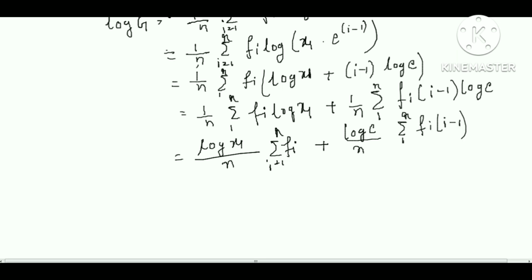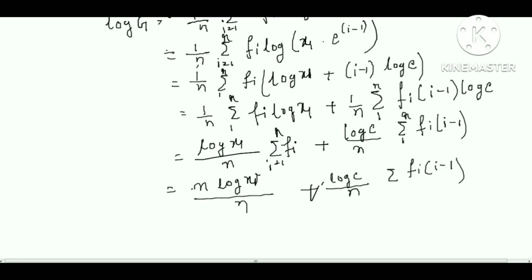Now we know that summation of f_i equals small n. So we have n log x1 divided by n plus log C divided by n summation f_i into (i minus 1), or if we cancel this n with n, we have log x1 plus this.